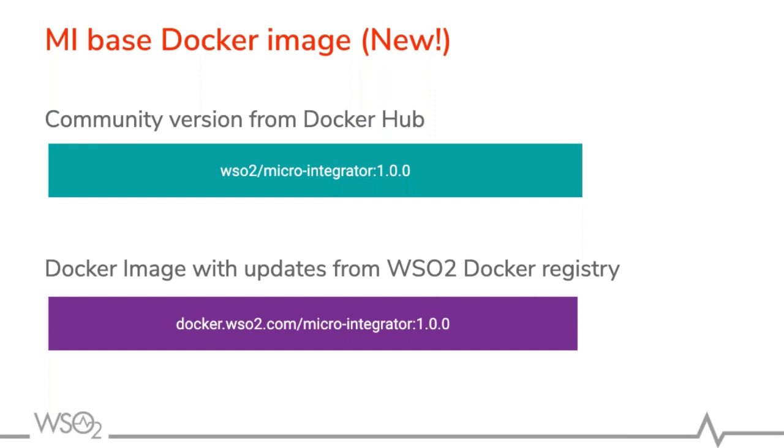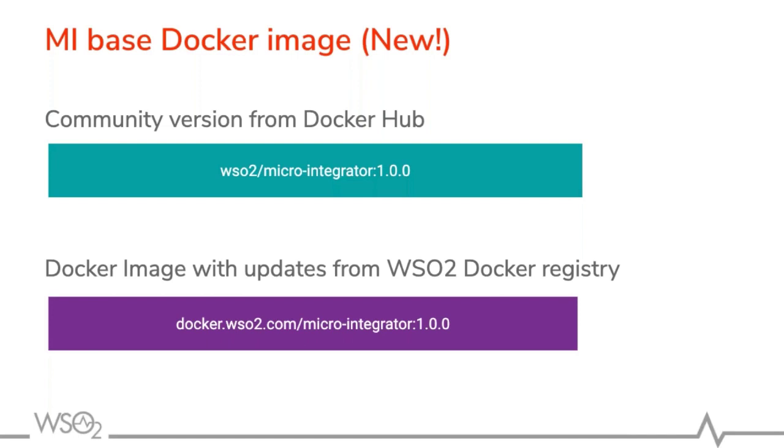We also provide for all subscription customers the ability to use their WUM credentials and access the WSO2 Docker registry to get the updated micro integrator profile. The difference is that now you have to use docker.wso2.com/micro-integrator:1.0.0 as the base Docker image.